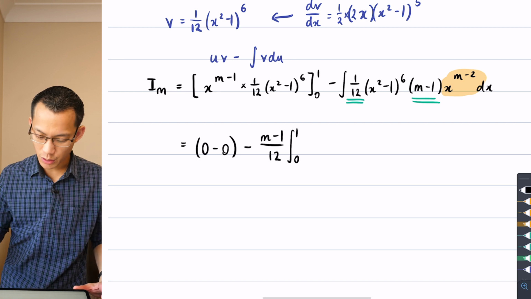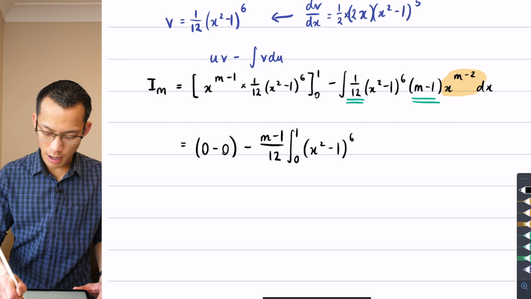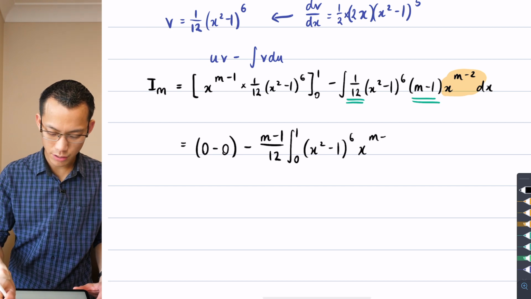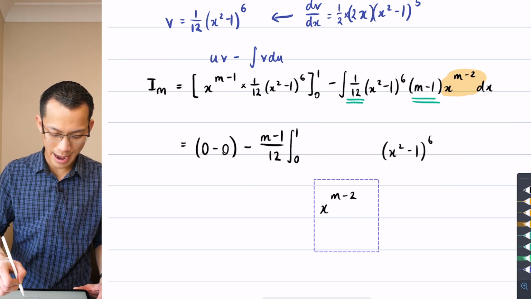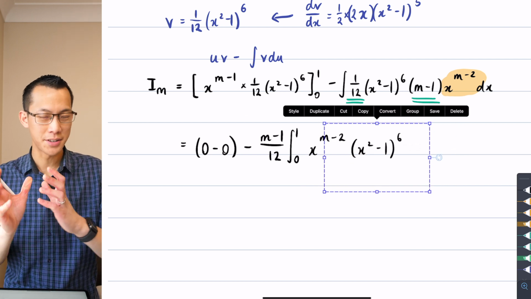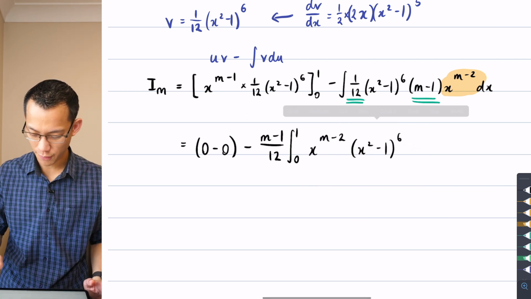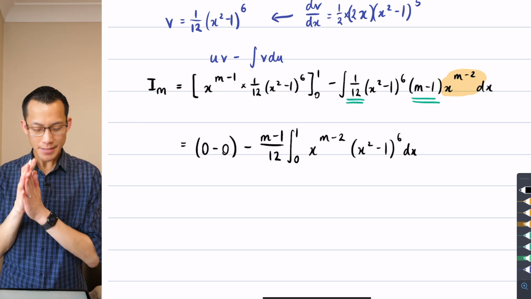I'm integrating from 0 to 1, and then I get x squared minus 1 to the 6, x to the m minus 2, and you know what? I should probably put that in a more helpful order, remembering what I sub m was laid out for us in. You had the x term first, and then you had this x squared minus 1 stuff later. So that's all integrated with respect to x, okay?